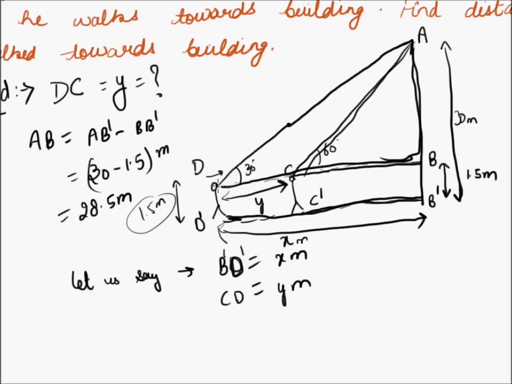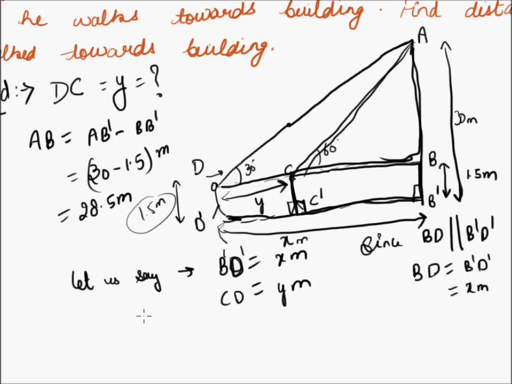Now since the line BD is parallel to B dash D dash, BD equals B dash D dash, because the position of the boy is perpendicular to the ground, as well as BB dash is also perpendicular to the ground. So BD and B dash D dash, both are x meters.